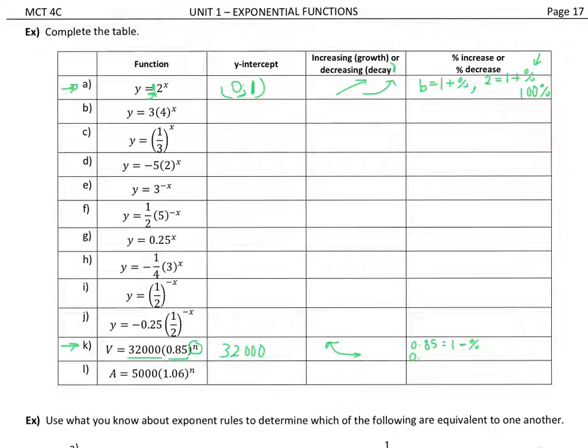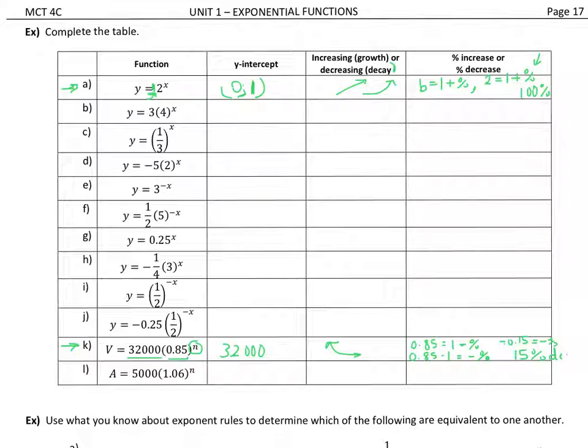So 0.85 subtract 1 would equal negative percent. Okay, you could put a variable there if you would like. And that's going to give me negative 0.15 is equal to my negative percent. So my percent decrease would be 0.15 or 15%. So it's a 15% decrease.